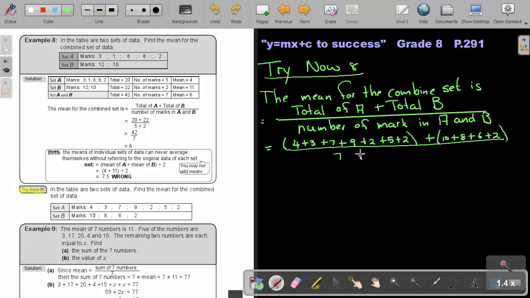So it's 7 plus this one, 1, 2, 3, 4. So it's actually going to give me 32 plus 26 divided by 7 plus 4, which will give me 58 divided by 11. And the average of these two sets of data will be equal to 5.3. And that's actually indicating the mean.